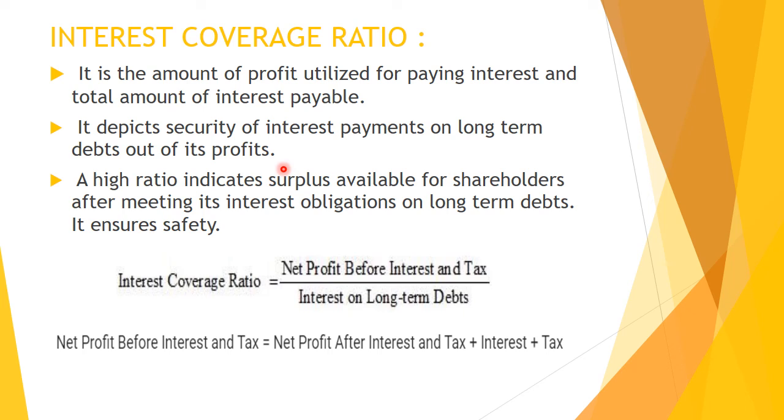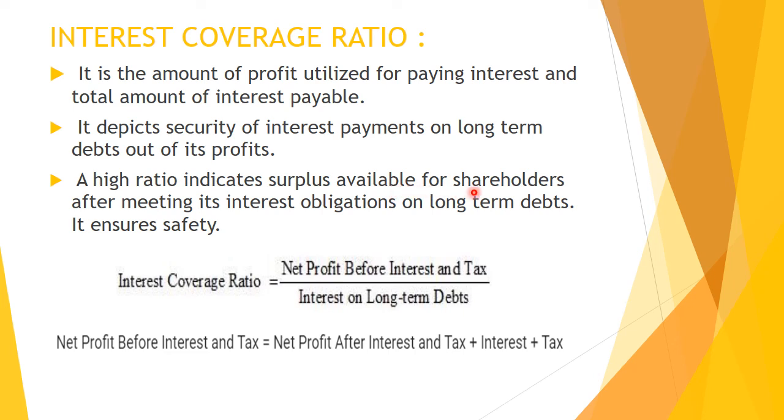So a high interest coverage ratio, what does it indicate? The surplus available for shareholders. The shareholders are the people who are going to receive the dividend at the end, for the money which they have invested in my company. First, I have to repay all my creditors.